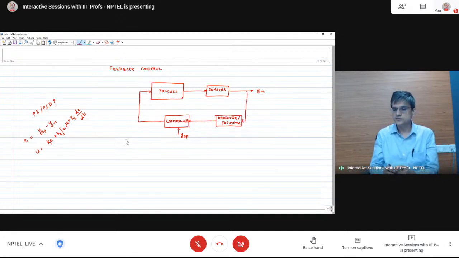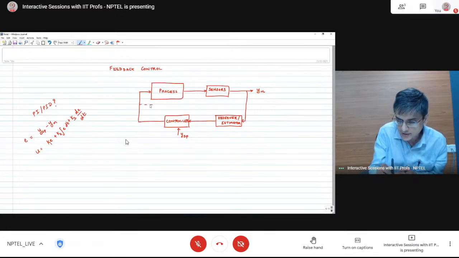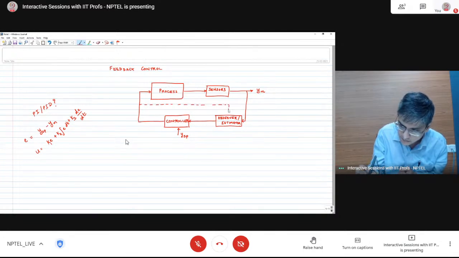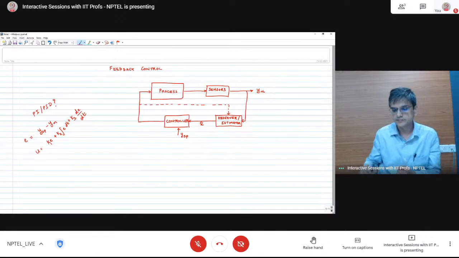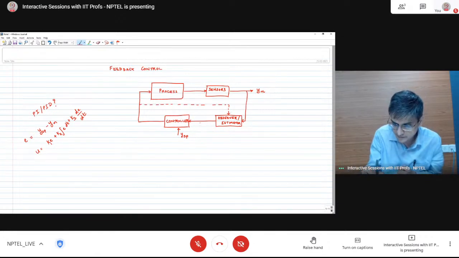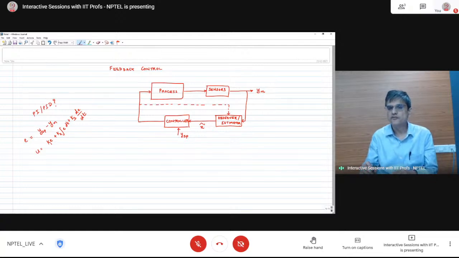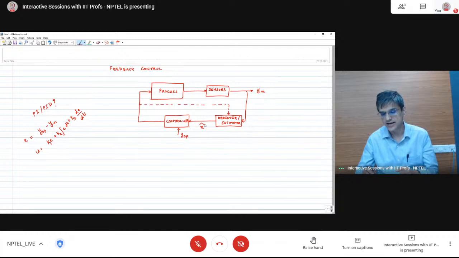The observer takes in the outputs as well as the inputs, and based on that it gives you the estimate of states, x hat. So from ym and u, it is going to give us x hat. That is what an observer means.